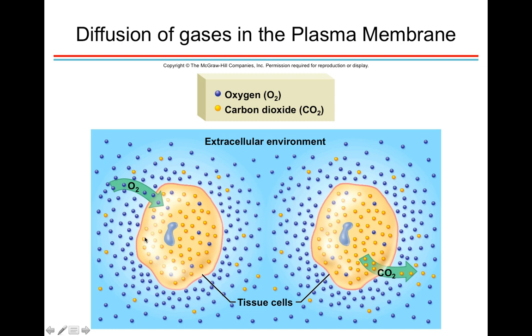Here we see, for example, this could be in the lung, where we have a high level of oxygen in the air we're breathing in. And basically, the oxygen will freely pass into cells, for example, red blood cells, and they can then pick up the oxygen molecule as they're passing through the capillaries in the lungs.